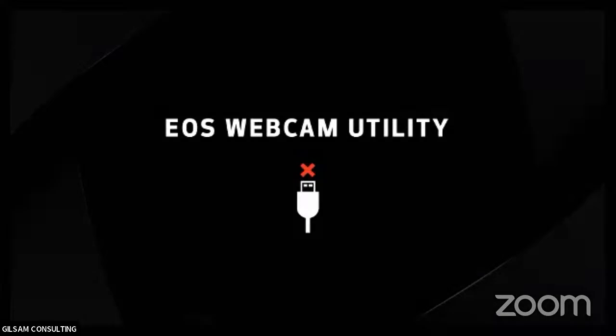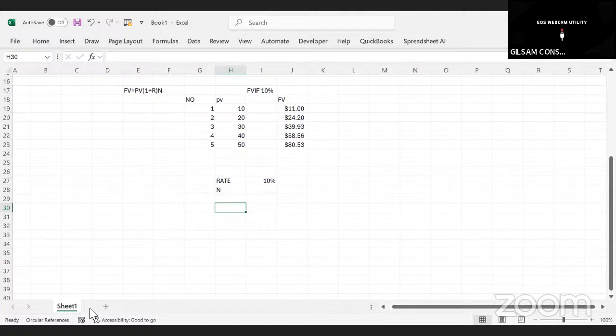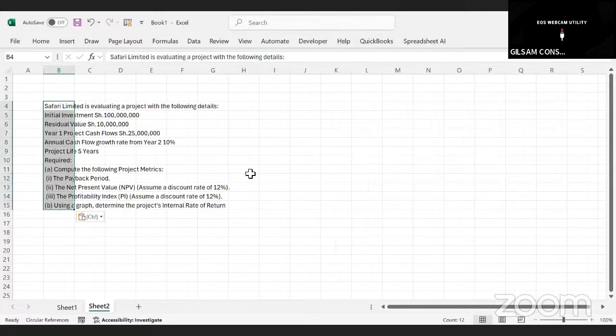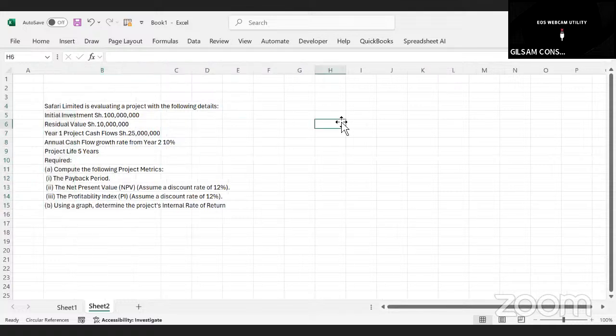Yeah. So let me share. Let me copy these values. So assuming this one was used to get the payback period.